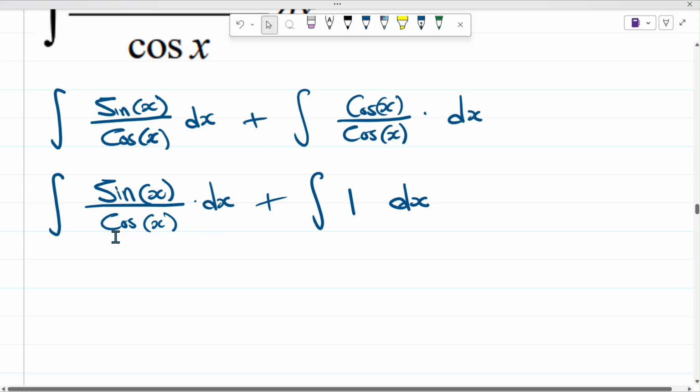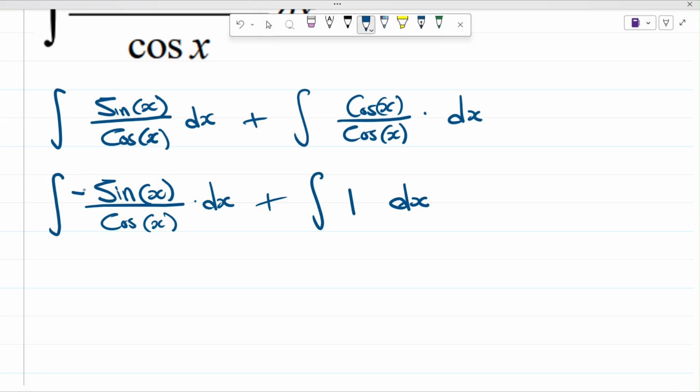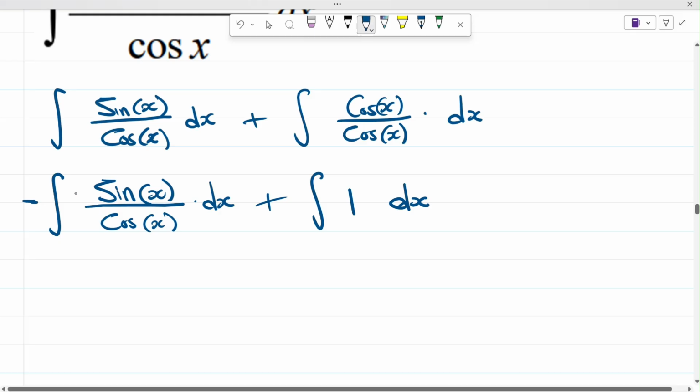Yes, because when we differentiate cos of x, what do we get? We get negative sine of x. So that means our sine of x is incomplete. There should be a negative sign there, so we put a negative and a negative outside here, and then we're going to get what we really want.